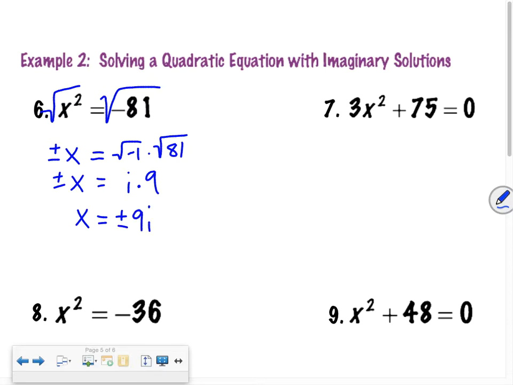So this means there are two possible solutions you could put in for x to make this equation true: plus 9i and minus 9i. If you want to write both of these solutions separately, you could write x equals positive 9i and x equals negative 9i.